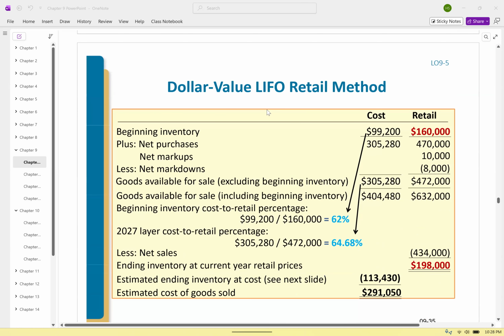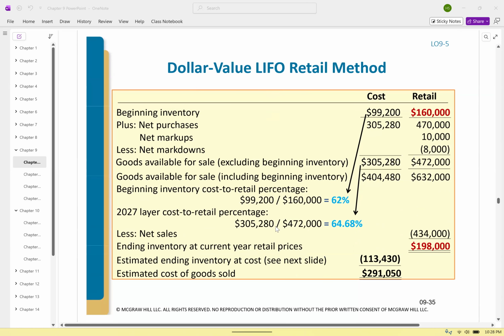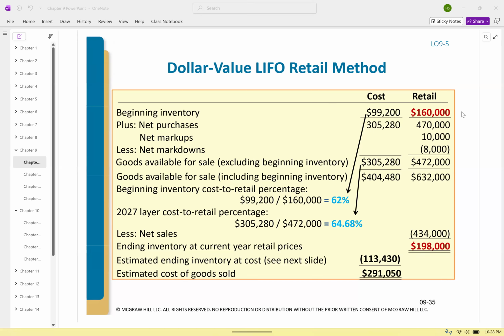We have our information, and we have the layers. I think we might have gotten these same numbers, but let's go through them just in case you didn't watch the previous video. So our beginning, then we have net purchases, markups, and markdowns.